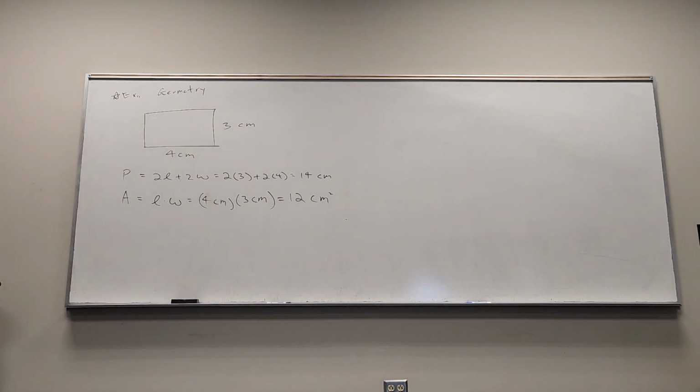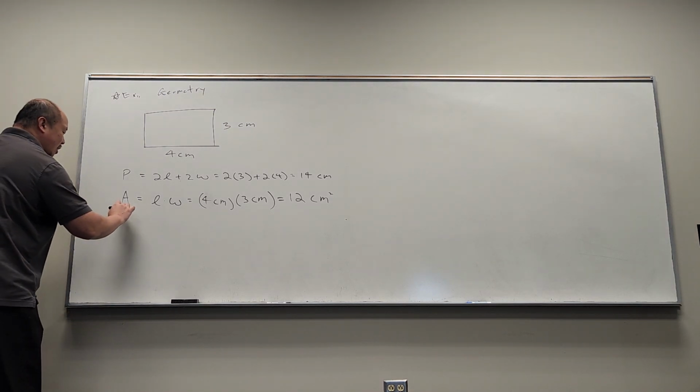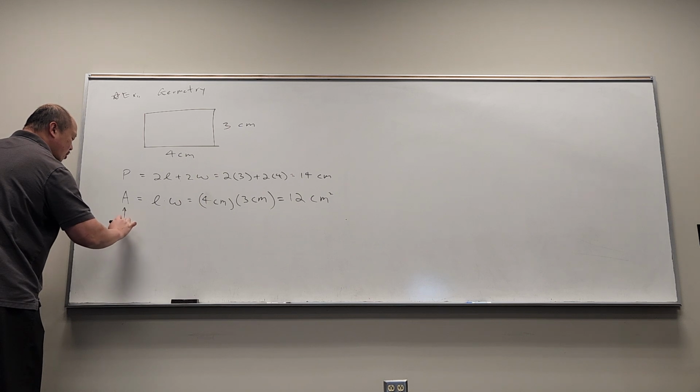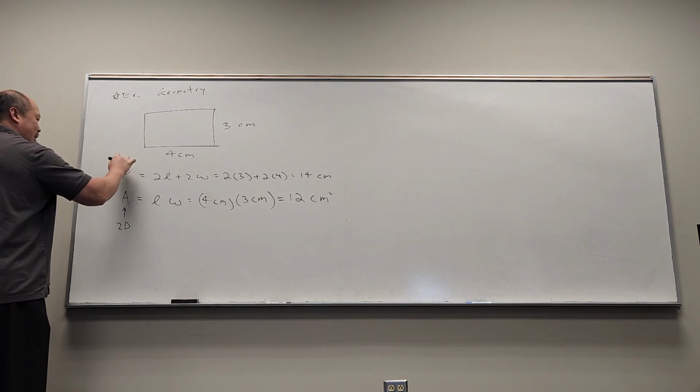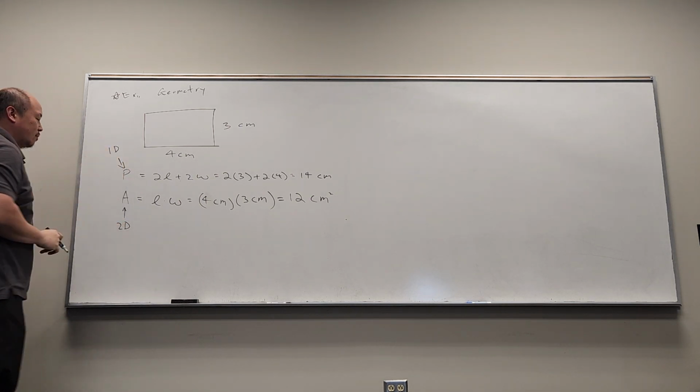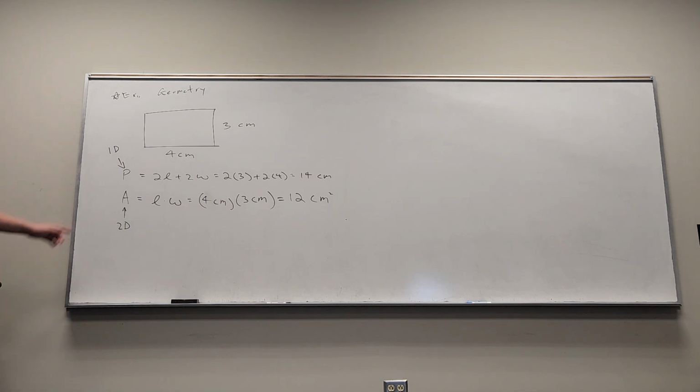Kind of like the floor plan, right? If you have square feet, square inches. That's because it's an area. Area is a 2-dimensional entity, whereas this is 1 dimension. So 1-dimensional is just centimeter. 2-dimensional, now you're talking about square.